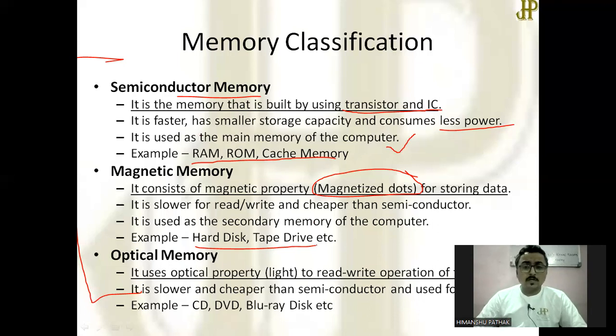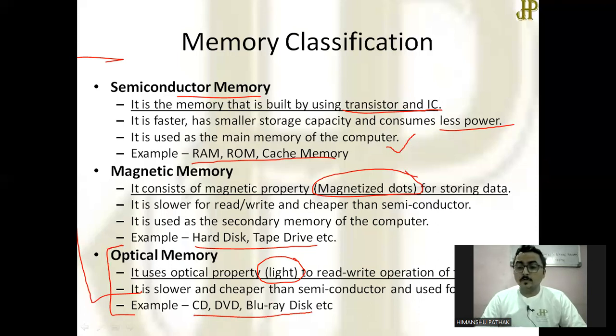Because for a smaller cost, we can purchase a large amount of memory. Clear? And at last, there is another mechanism known as optical memory. It uses a light property for read or write operations. Clear? Such as CD, DVD, Blu-ray disc, etc.